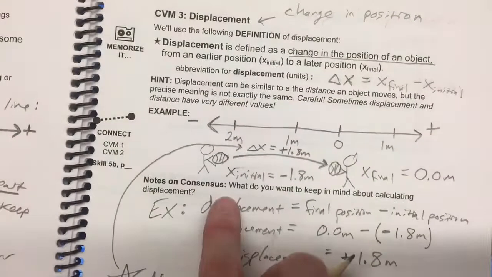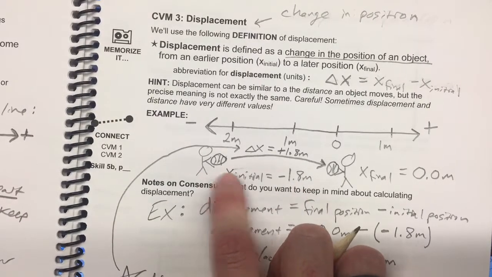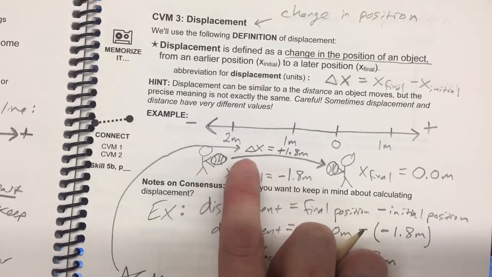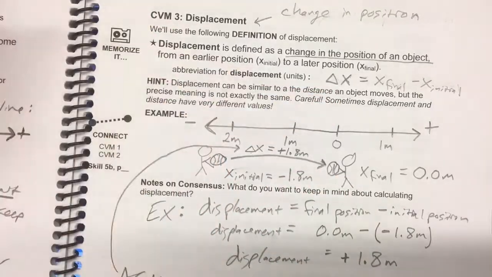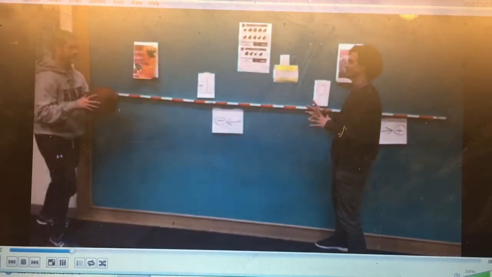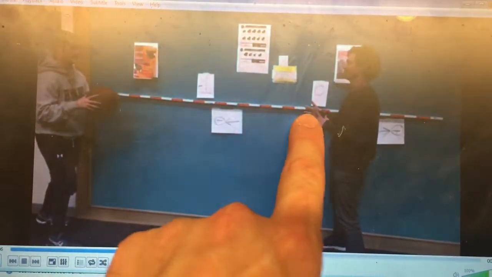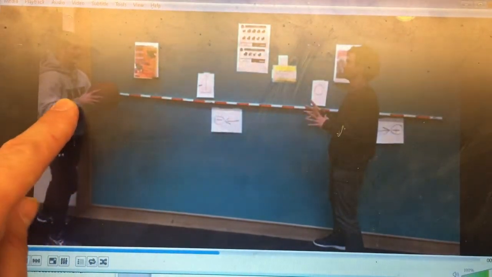If we look at this example here, this negative position as an initial position is a negative number, but it was still moving in that direction. If we go back to the video and we start with the ball here, these are all negative numbers from 0 to -1 to -2 all the way out here.